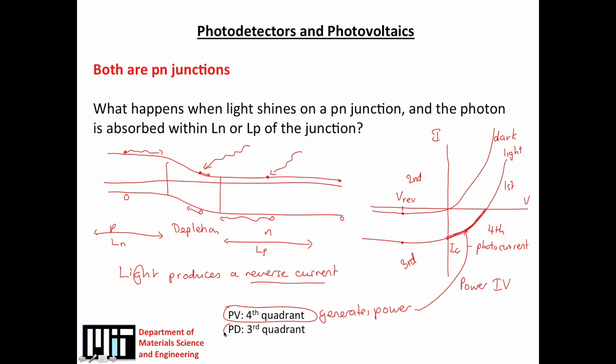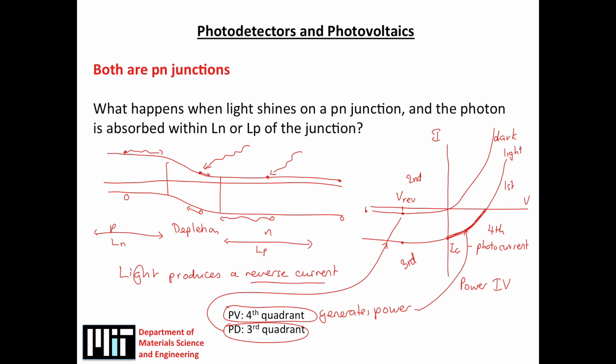So to be a photodetector or a photodiode, you have to operate somewhere in the third quadrant so that you can apply a reverse voltage and have a small current flowing through in the dark, but a much larger current flowing through when you shine the light. So in this case we're not generating power, we're actually consuming power, but we have a very sensitive detector of light because the ratio between this point and this point can be very large, especially if you design your p-n junction to have a very small reverse current here.